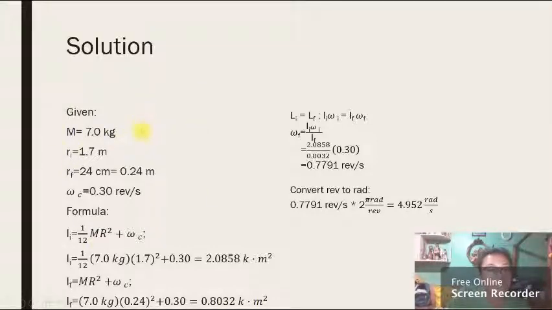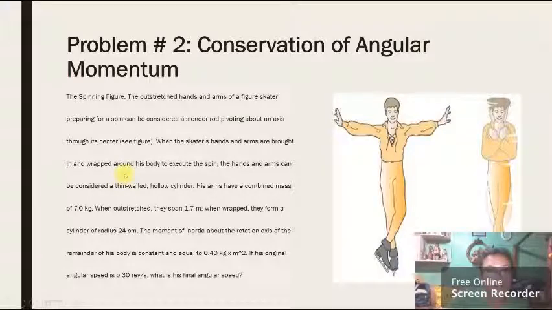The moment of inertia of the rod about the axis passing through the center is given by 1/12 times m r squared, wherein m is the mass and r is the length of the arms.